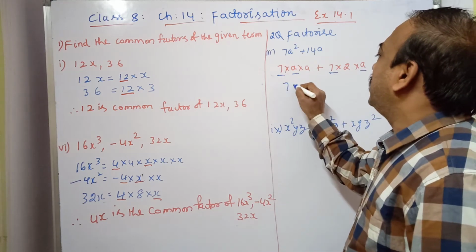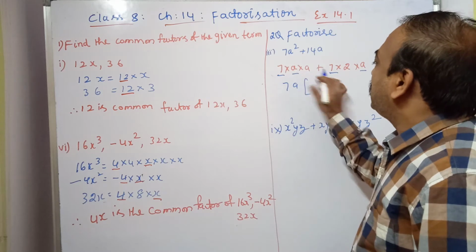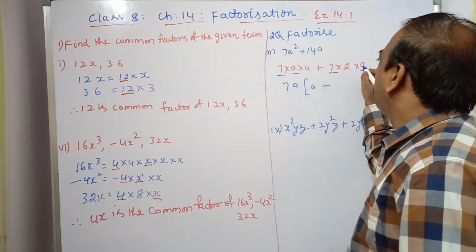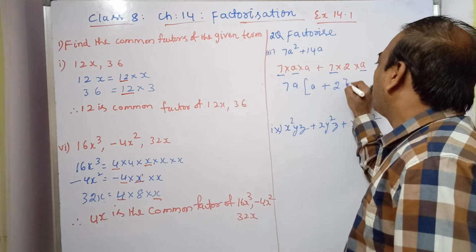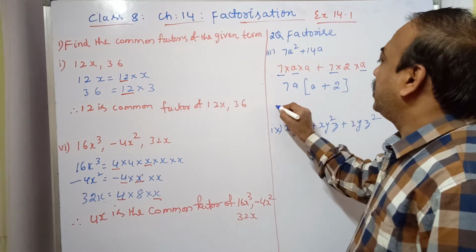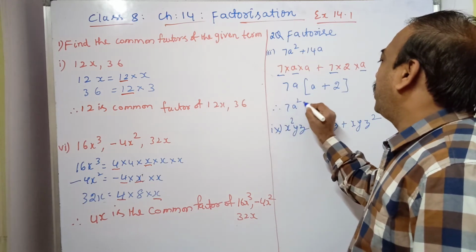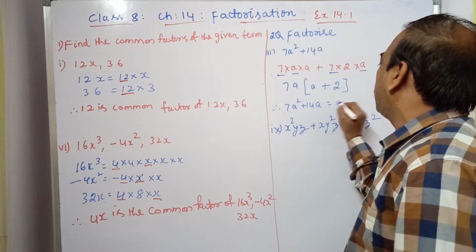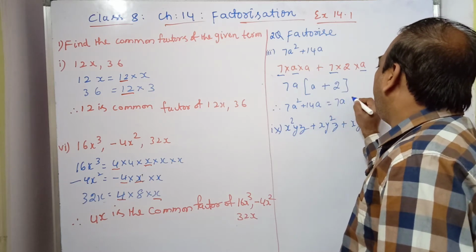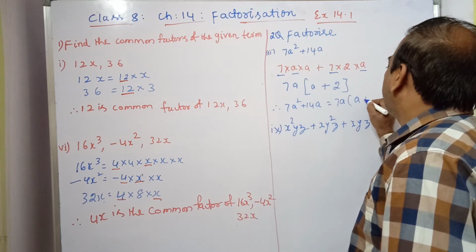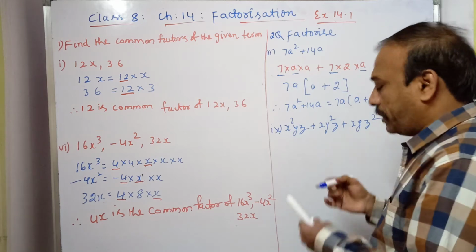So if you write 7a outside, then what term is left over here? a, and here the leftover term is 2. So this is the factorization. Therefore 7a square plus 14a is equal to 7a into a plus 2.